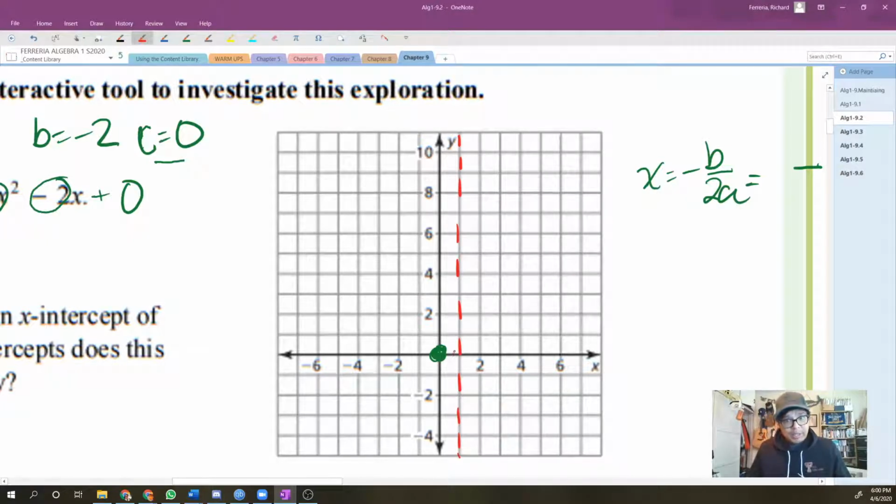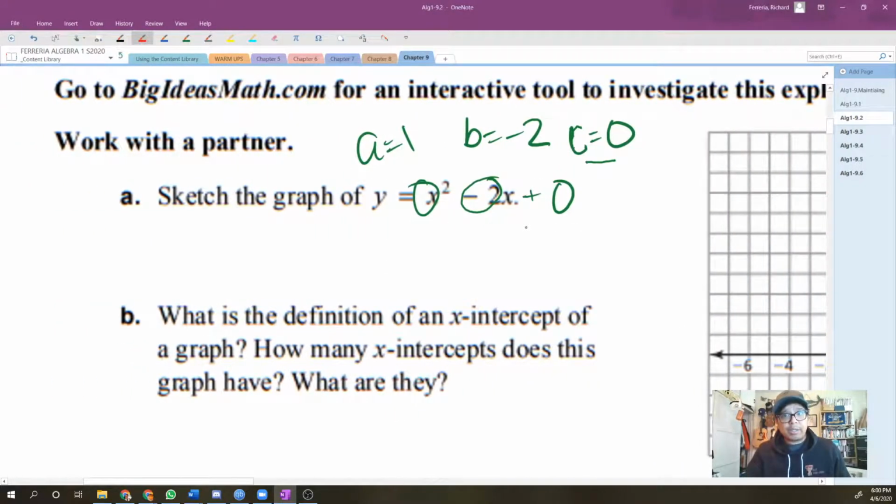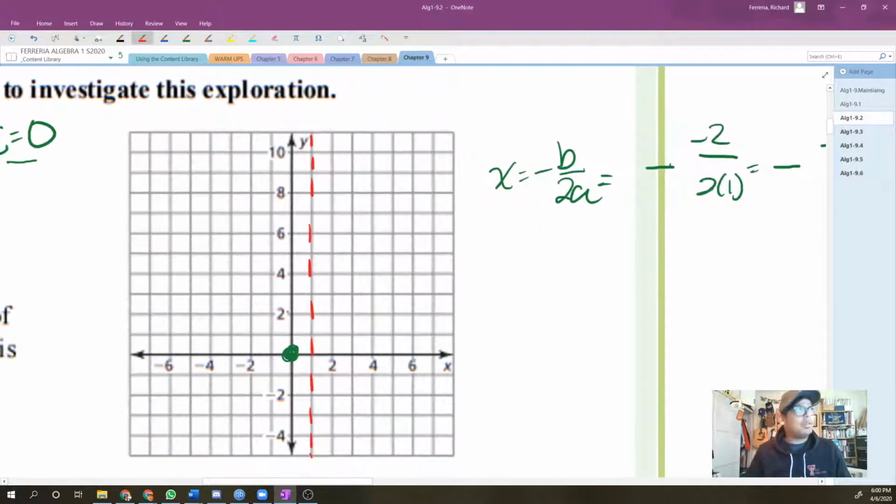The next thing to do is to figure out where the vertex is. The x-coordinate of the vertex is along that red line. To find the y-coordinate of the vertex, we're just going to substitute 1 into the equation, because remember, 1 is the x-coordinate of the vertex.